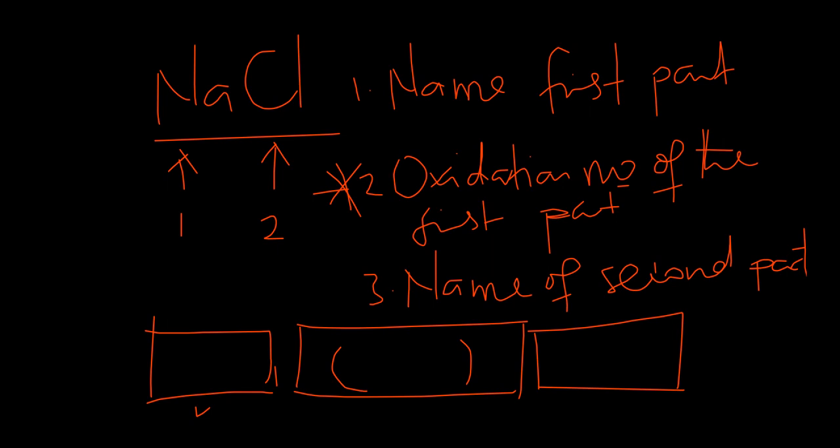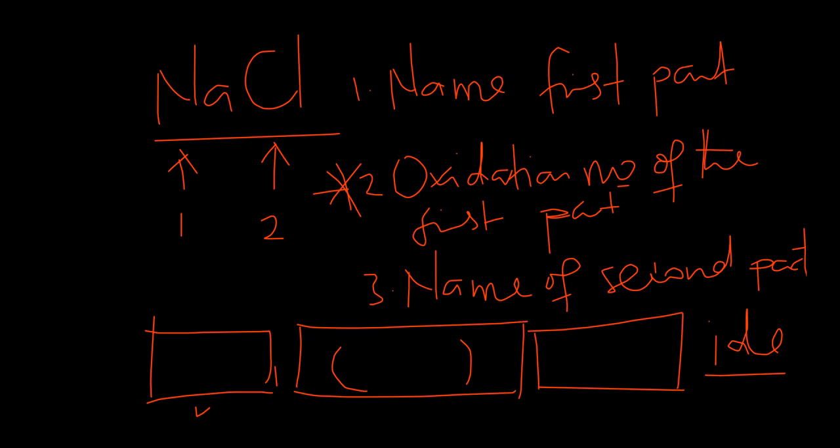The second box will contain the oxidation number of the first part of the compound in parentheses. Remember, the oxidation number in this case will be in Roman numerals. Then in the third box, you'll be writing the name of the second part of the compound. Once you write the name of the second part, make sure it ends with ide.